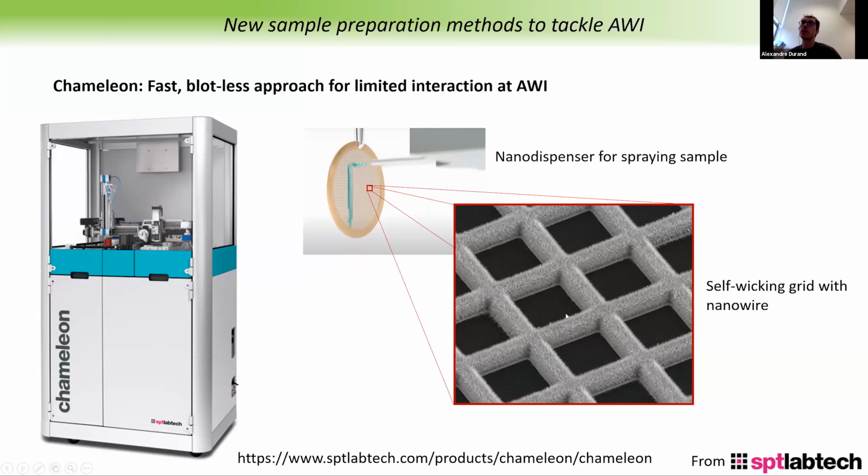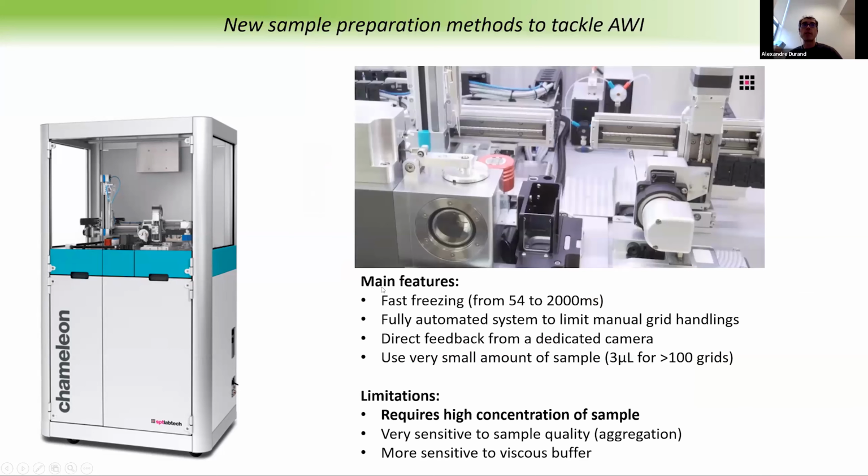The grid itself will remove the droplets from the carbon support and make a thin layer of ice upon vitrification.